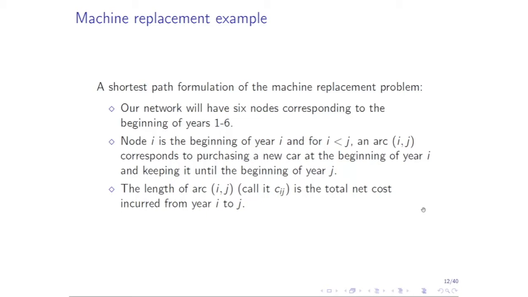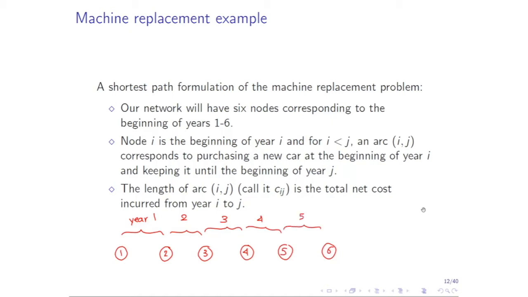So I will have a vertex for the beginning of every year: 1, 2, 3, 4, 5, 6. This is year 1, year 2, year 3, year 4, and year 5. So this is the beginning of the first year, the beginning of the second year, the beginning of the third year, and so on, up to the sixth vertex, which is the end of the fifth year. So these are my vertices. Now I want to define my edges.